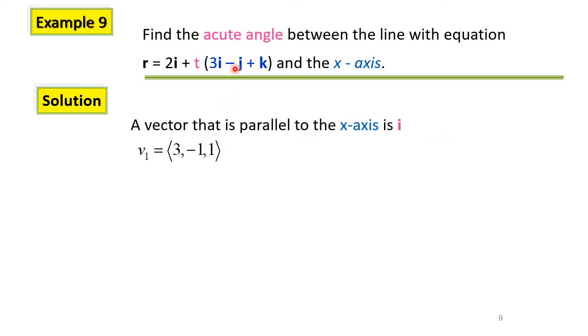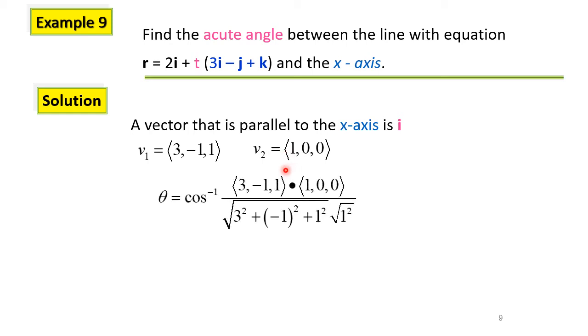So V1, of course from here, is 3, -1, 1, and V2, since you only have i, is 1, 0, 0. I hope you understand how we get 1, 0, 0 here. That is because we have i only. After we get V1 and V2, straight away we substitute into the formula.